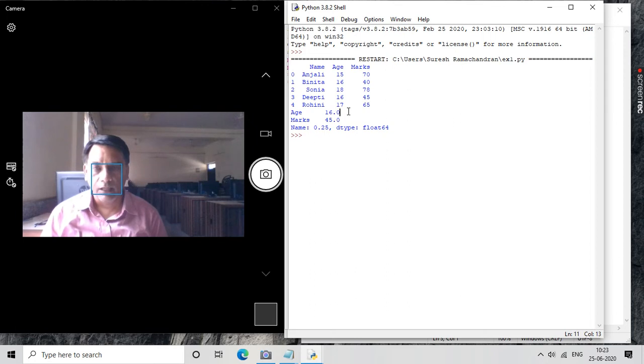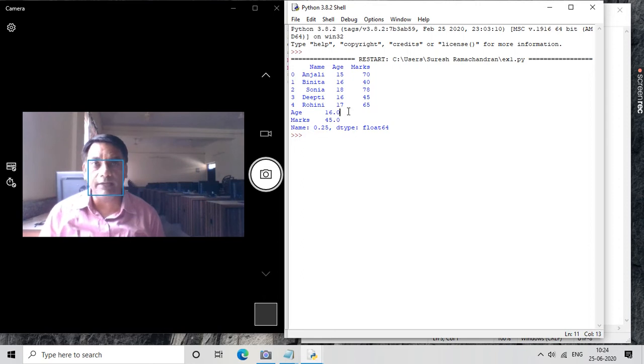That means what actually happened here: the quantile arranged the data in ascending order and then found out the percentage of the data that falls below 25%.